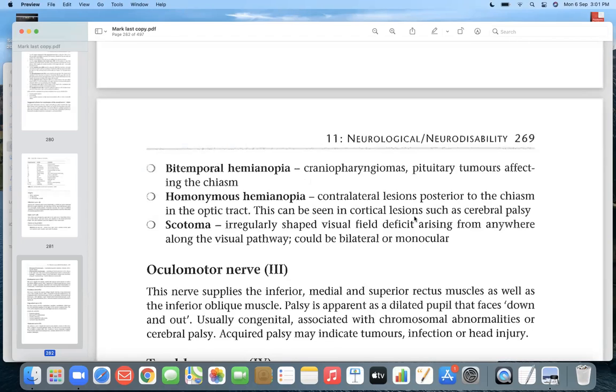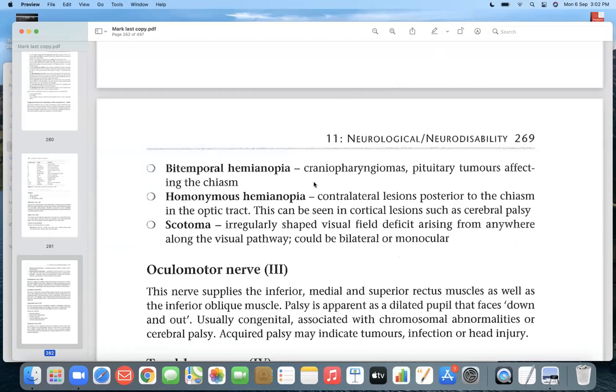This can be seen in cortical lesions such as cerebral palsy. Just remember this example. And scotoma, anywhere there is a defect in the vision, that will be seen as black. Irregularly shaped visual defect arising from anywhere along the visual pathway could be bilateral and monocular.